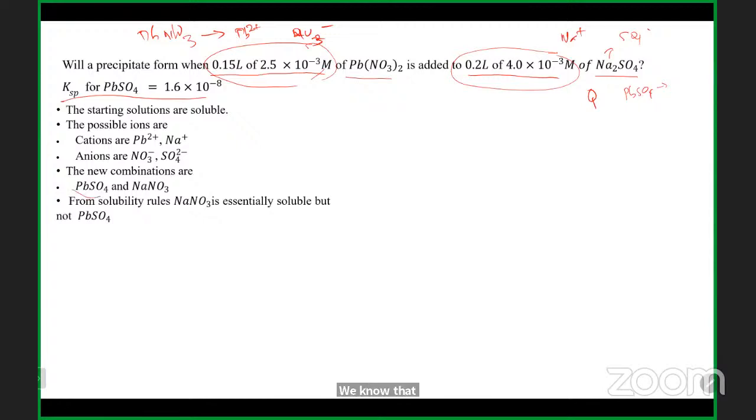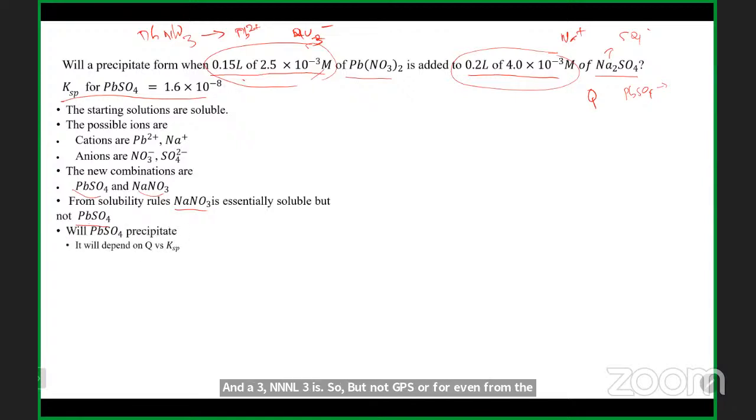We're looking at the possibility of formation of these compounds from solubility rules, which we have done earlier. NaNO3 is soluble, but not PbSO4. Even from the question, we can deduce that. So what we need to do is to determine whether PbSO4 will precipitate.